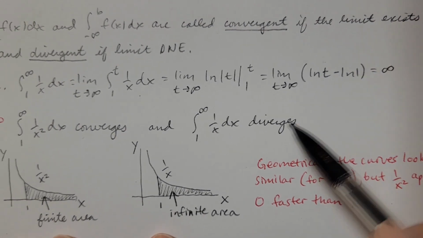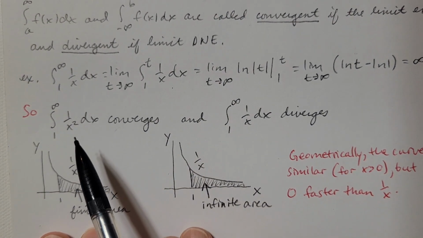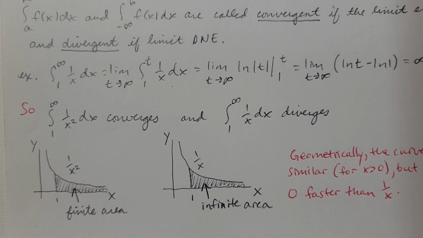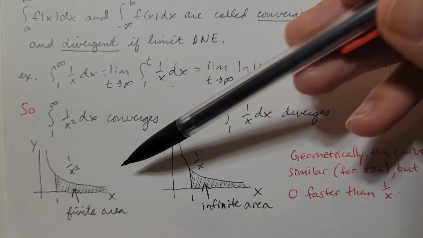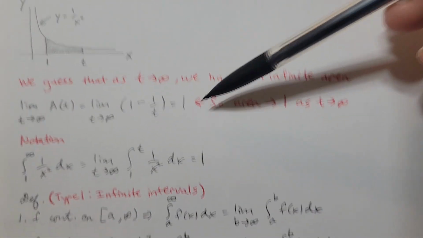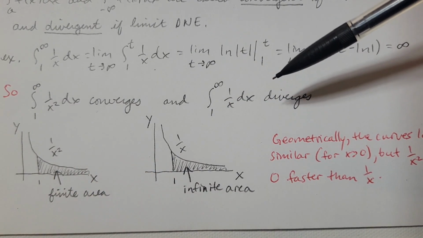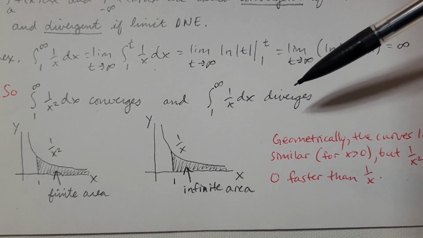Okay, so what we see here is that the integral going from 1 to infinity of 1 over x squared dx converges, right? That was the one that we saw up here. And the integral going from 1 to infinity of 1 over x dx diverges, right?